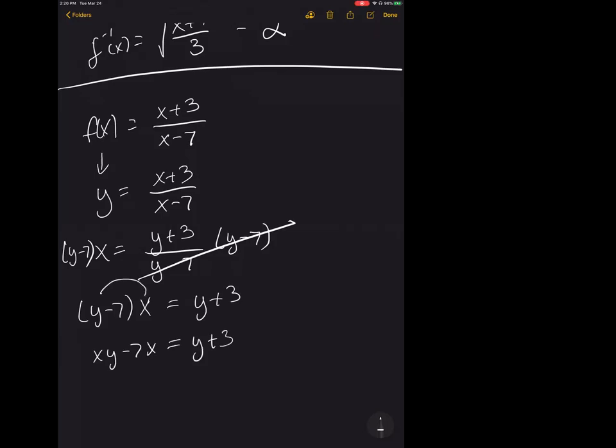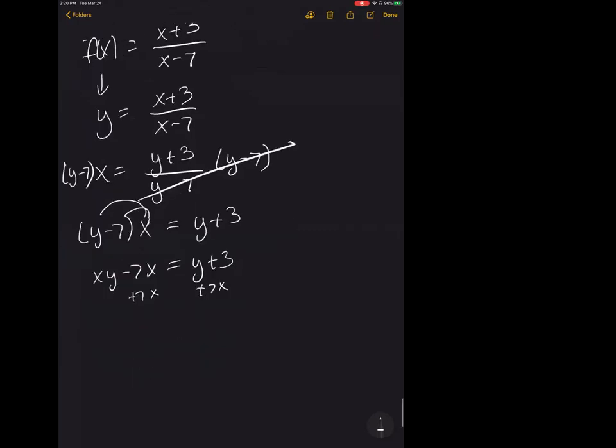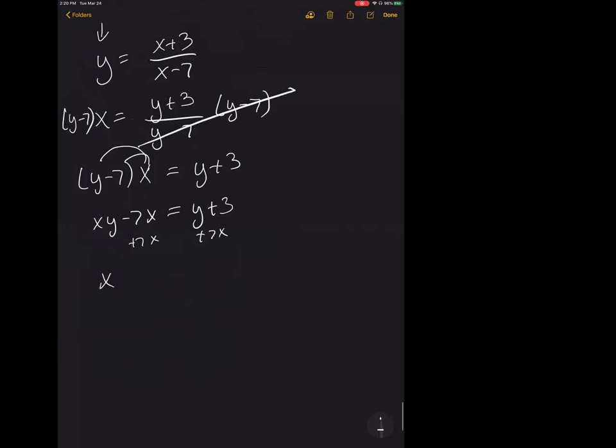And what I have to do is I have to then gather all the y values together. So I'm going to take the 7x away.